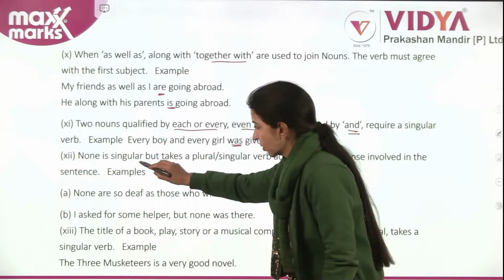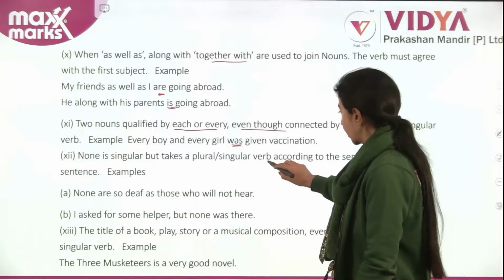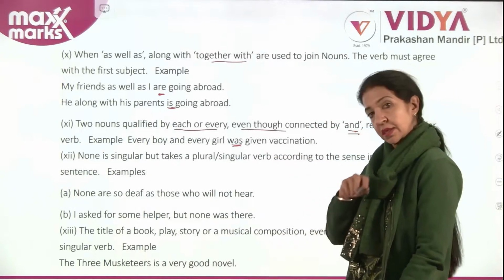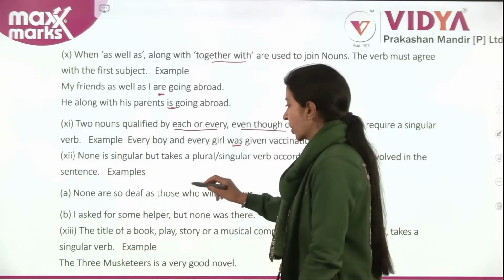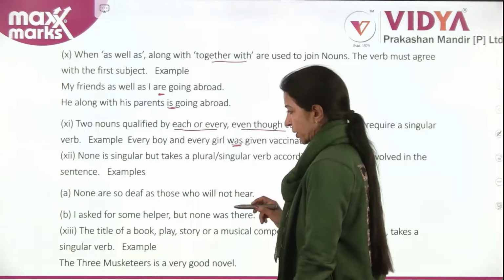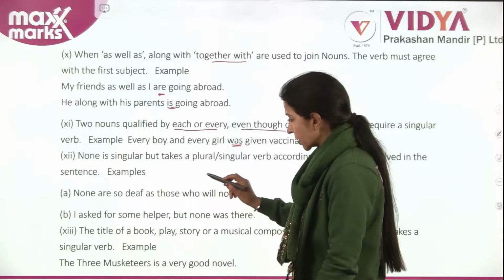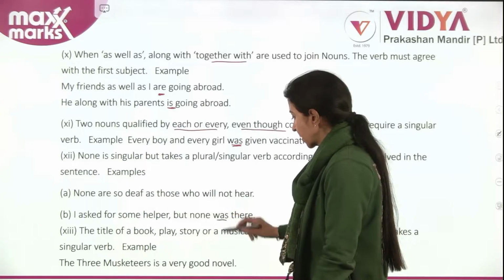None is singular but takes a plural or singular verb according to the sense involved in the sentence. It depends upon the sense of the sentence. None are so deaf as those who will not hear. Next, I asked for some helper but none was there.